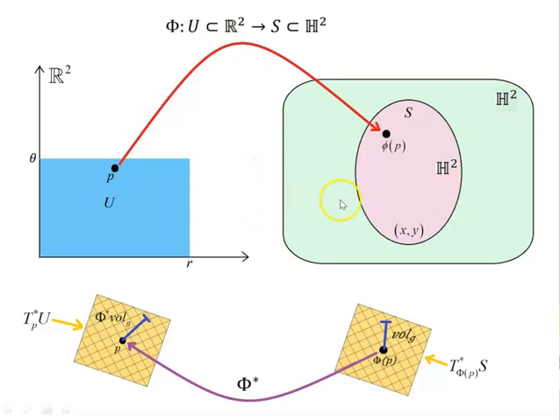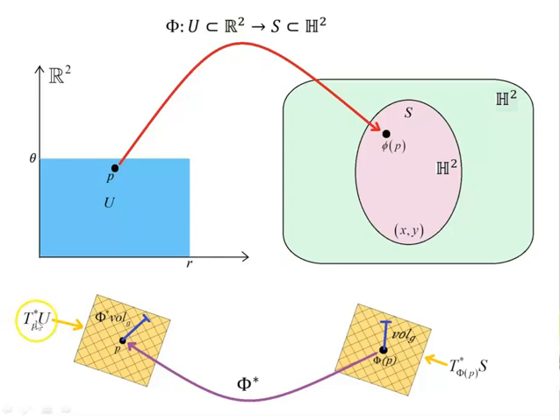All right, so here's our situation. Here's our two-dimensional hyperbolic space, with local coordinate system S here on H2, and our coordinates in this local system, x, y. Here's our polar rectangle, r and theta in R2, and a point P in U is mapped to a point phi of P under this map. So phi is a map from the open set U contained in R2 to S contained in H2, and at the point P, here's our cotangent space.